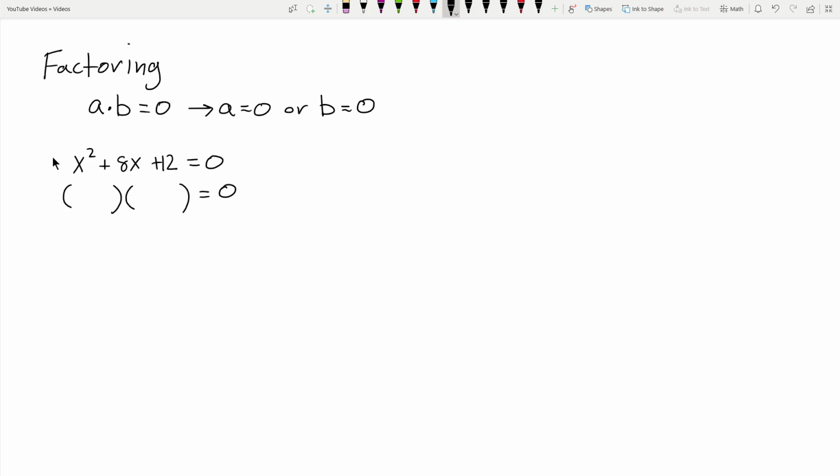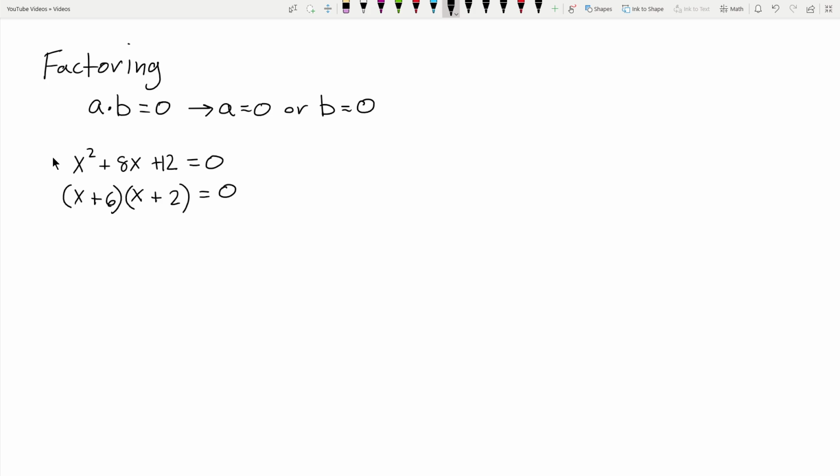So to get the x squared, I'm going to say x times x. And then I need factors of 12, two numbers that multiply to be 12, that also add up to 8. So 6 and 2 will do it. 6 times 2 is 12, and 6 plus 2 is 8. So if both of these are positive, I've got what I need. And you can always check to make sure you factored it correctly by multiplying those two back together.